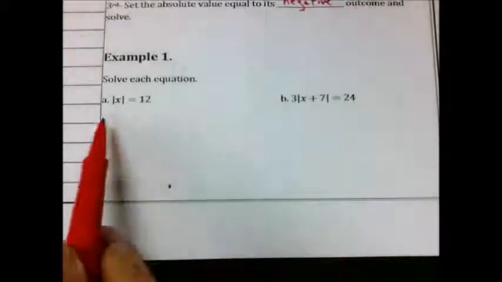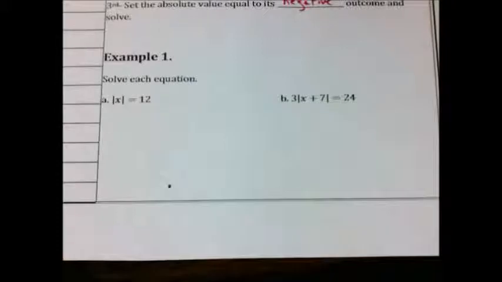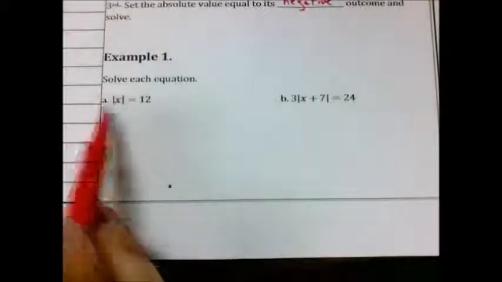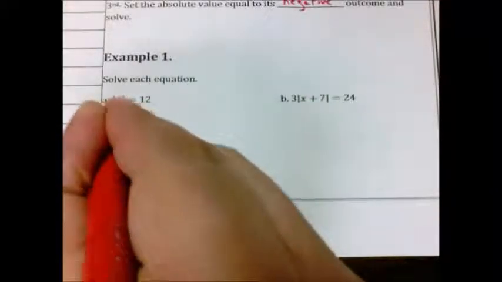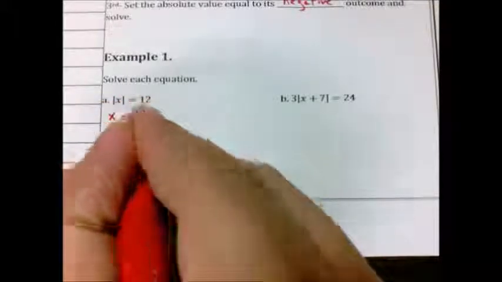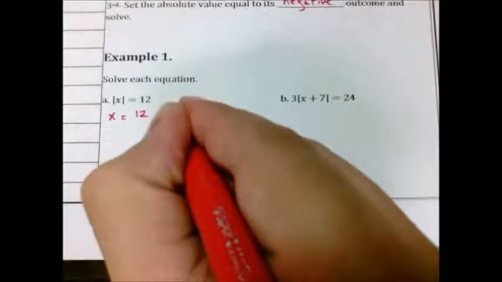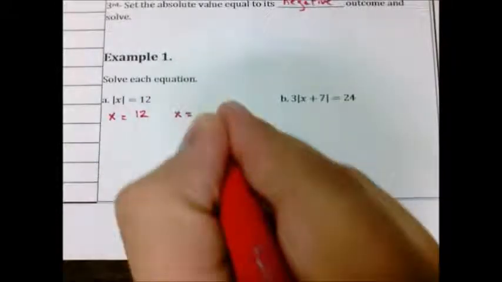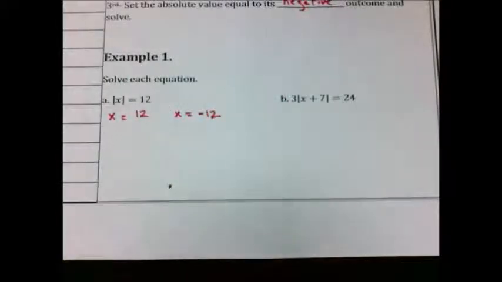All right, example 1 says to solve each equation. We've got this first one, the absolute value of x equals 12. We actually already have the absolute value by itself, so step 1 is done. Step 2, we need to set it equal to its positive outcome. So we can drop those absolute value bars and set it to the positive outcome, which is just 12, exactly what it was. The other way is to set the absolute value of x equal to its negative outcome, which is negative 12, right?